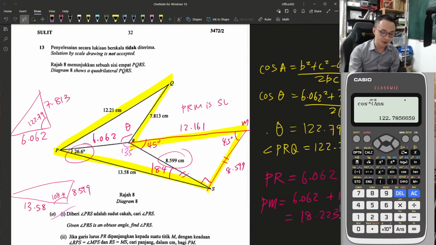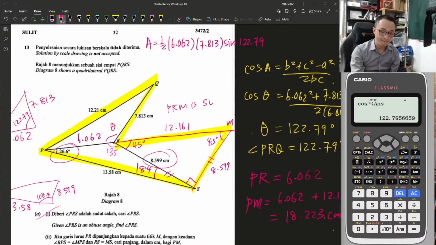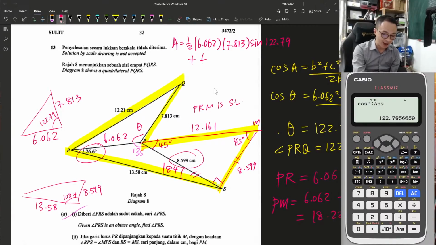Okay, let's do it here. So the area is half times 6.062 times 7.813 times sine 122.79, plus half times 13.58 times 8.599 times sine 108.4.